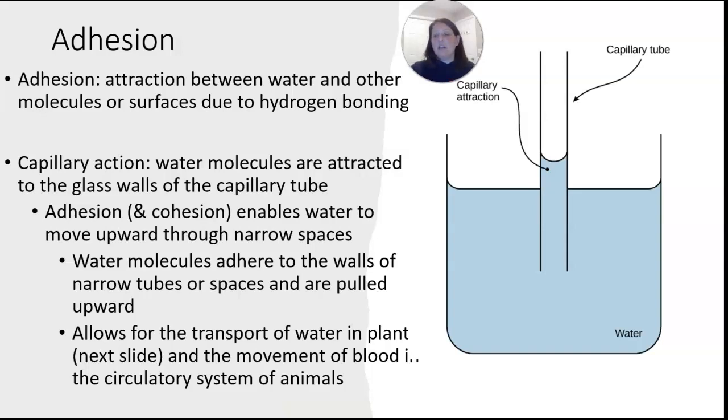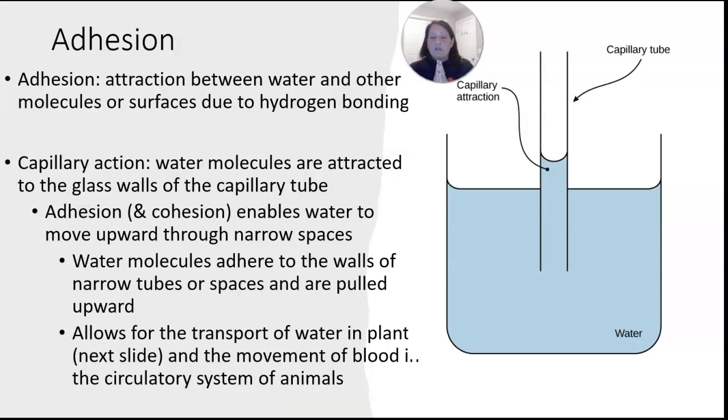And so in this figure here, I've got a beaker, which contains water, and in that beaker I have a capillary tube, which is just a glass thin tube that I stick into this water. And without applying any energy to the system, what's going to happen is water is going to go up into that capillary tube. And the reason why water moves up in that capillary tube is because of adhesion and also cohesion.